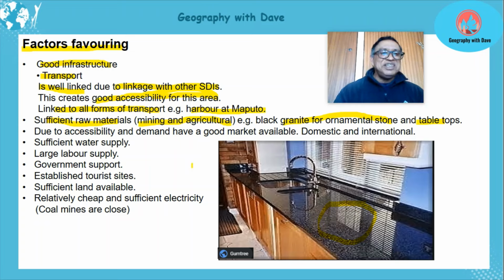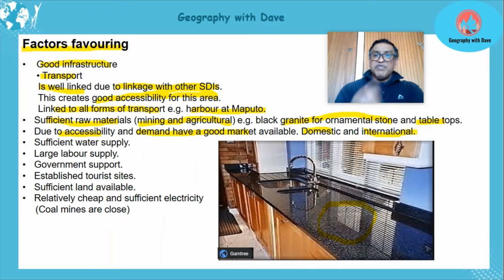And then due to accessibility and demand, a good market is available. This market is both domestic and international. Locally, people are buying it and it's exported.